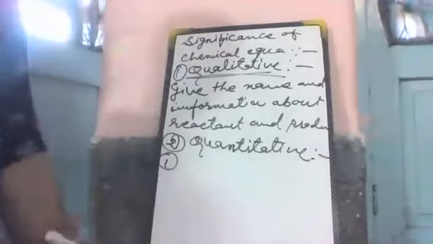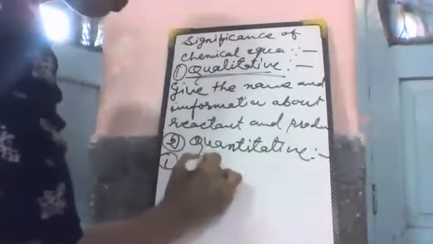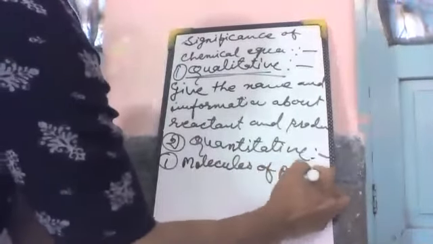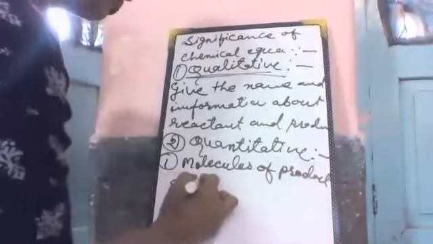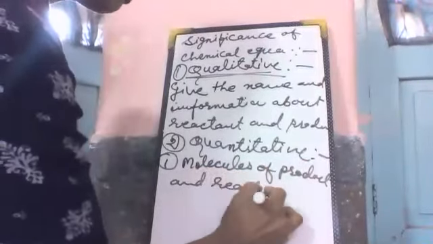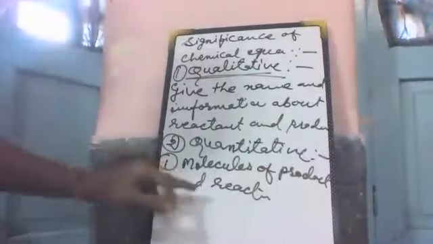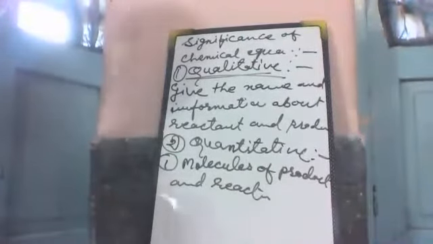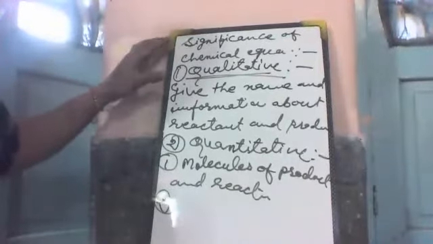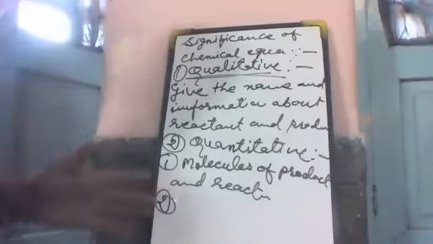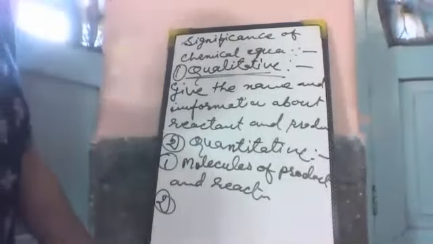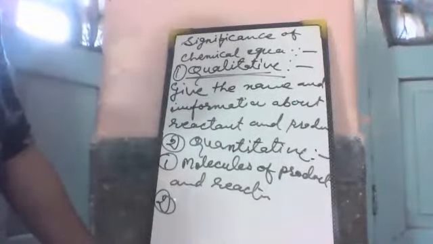They give the information about the molecules of product and reactant, meaning how many molecules of magnesium sulfate are reacting and forming the products.